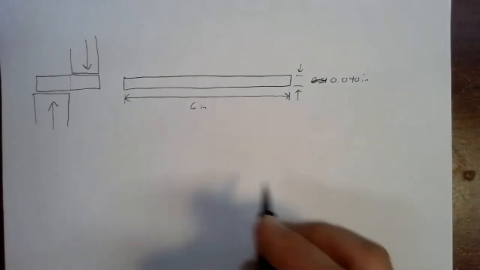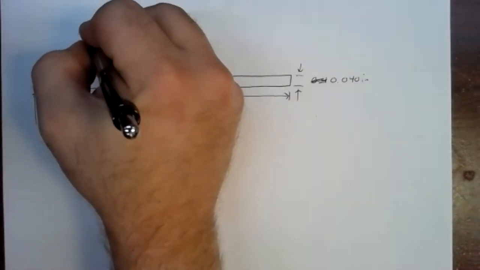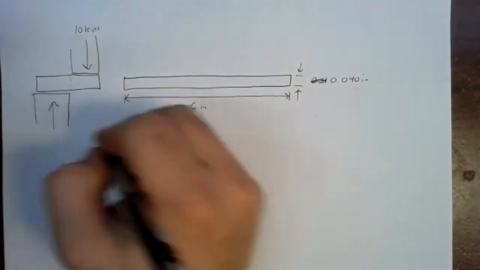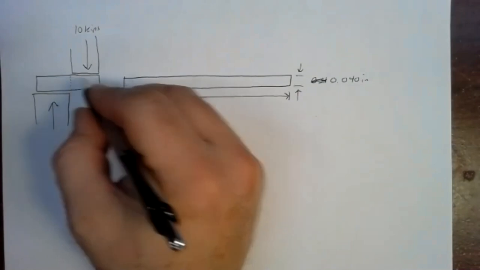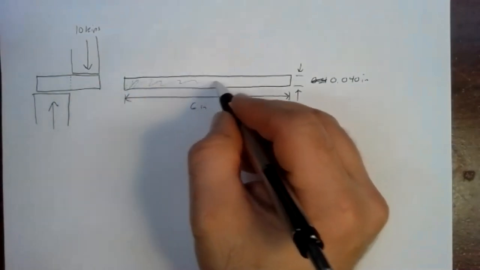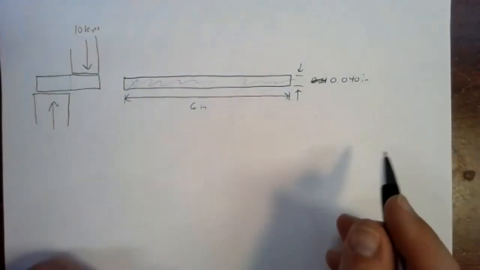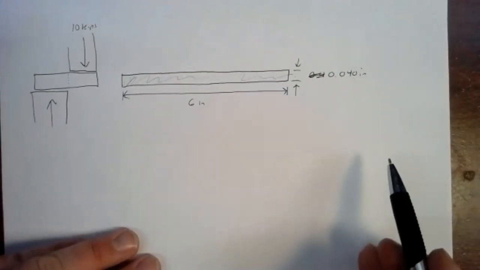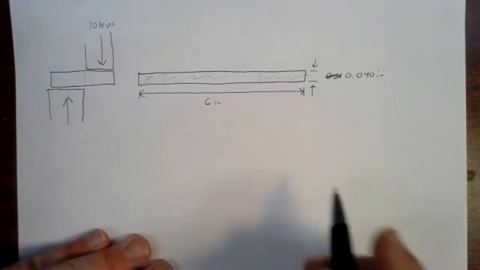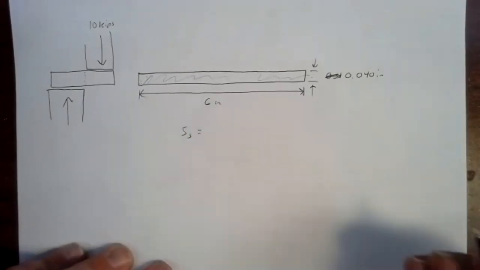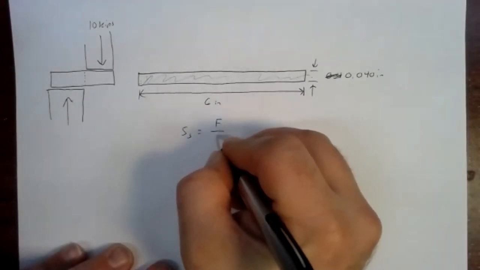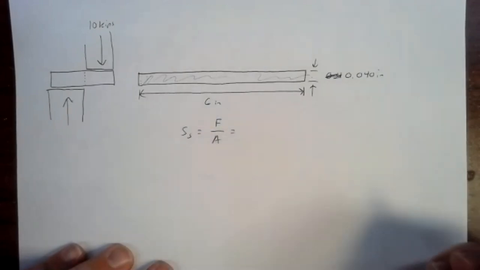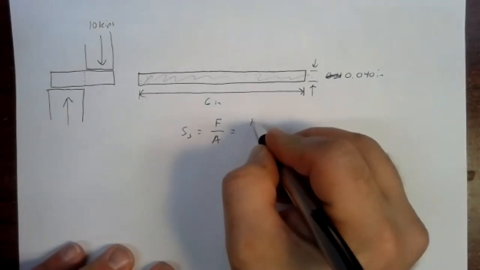So, for example, here, let's say we push down with 10 kips of force. So we've got 10 kips of force spread out over this entire surface area. What would break would be this area that's 6 inches wide and 40 thousandths of an inch thick. The shear stress would be force over area. We've got a force of 10 kips.